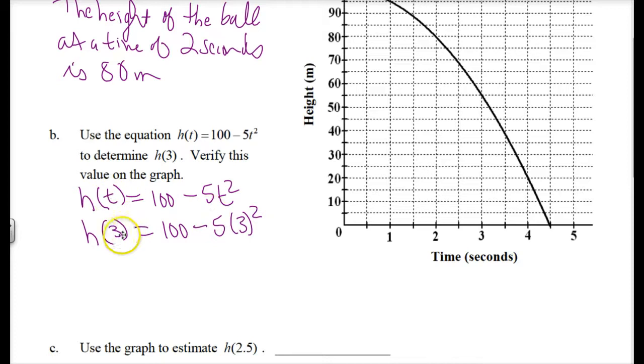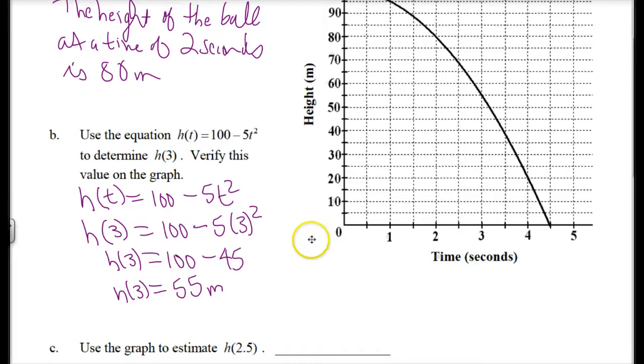Wherever we see a t, we put in a 3. So that's 100 minus 5 times 3 squared. 3 squared is 9, times 5 is 45. So h of 3 is 55 meters. Go to the 3, up, across, 55.